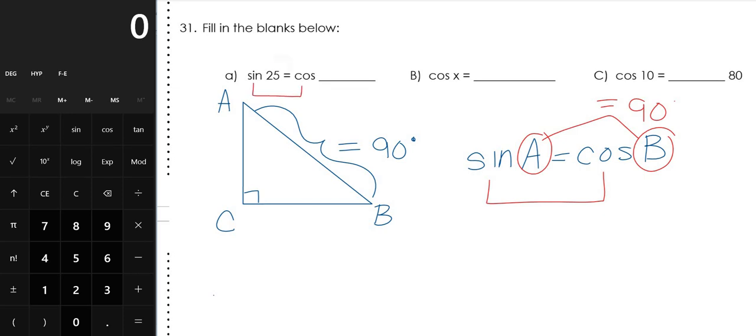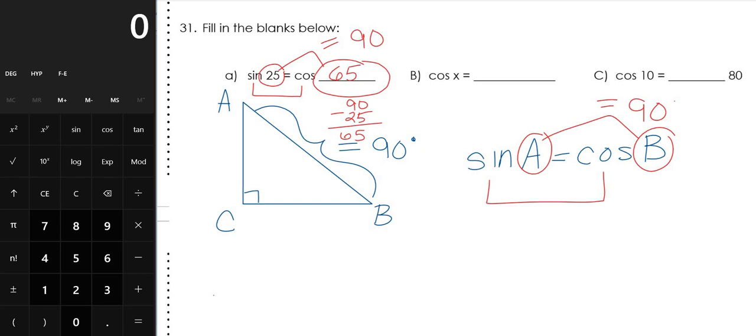So that must mean that whatever we have here with the 25 and whatever we get as an answer here should equal 90. So I'm going to do 90 minus 25, and I get 65. So 65 cosine should give me the same value as 25 sine.